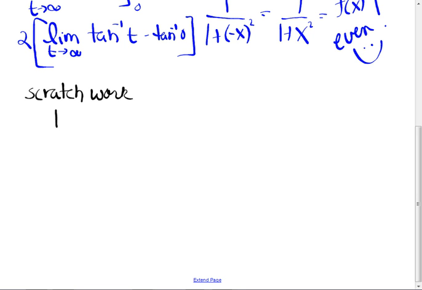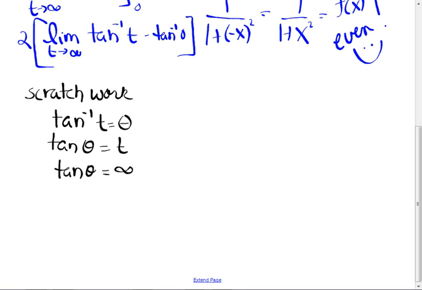So inverse tangent of t is equal to my angle, right? Because an inverse tangent is an angle. So it's saying the tangent of theta is equal to t, or the tangent of theta is going off to infinity.